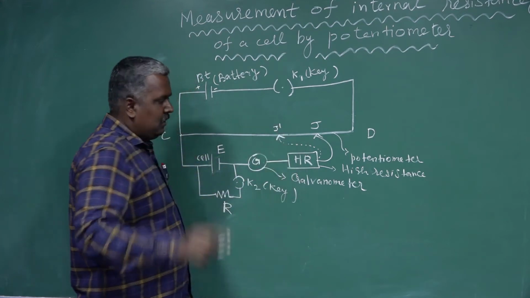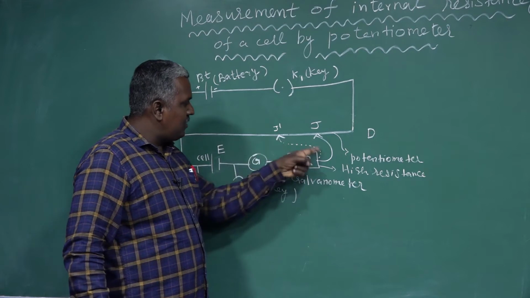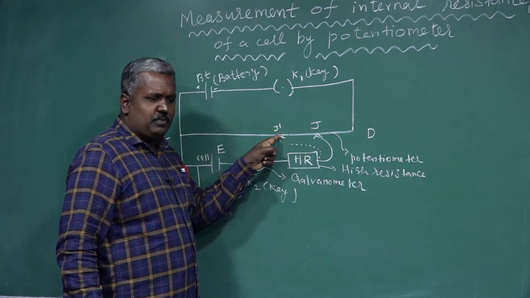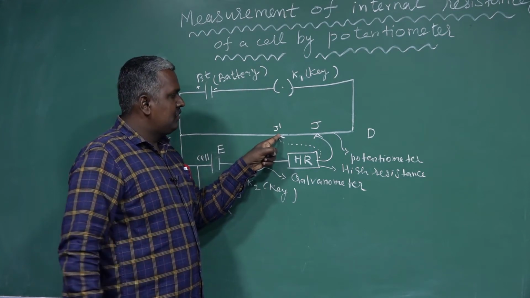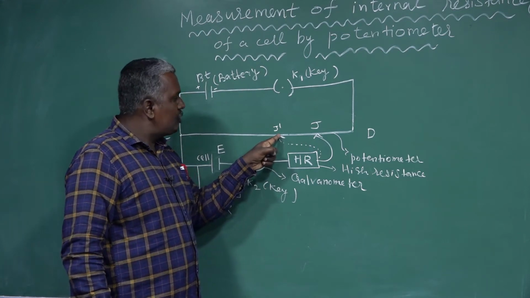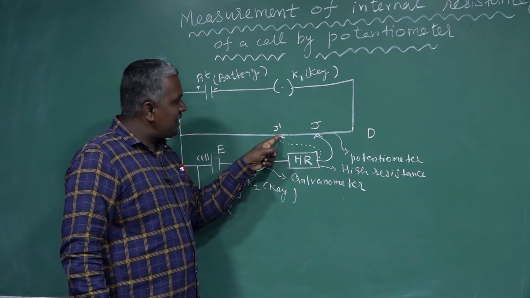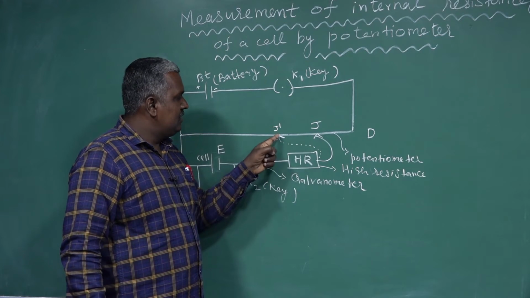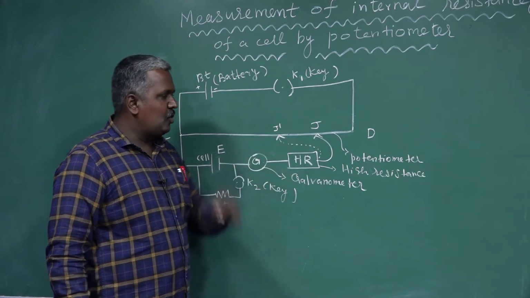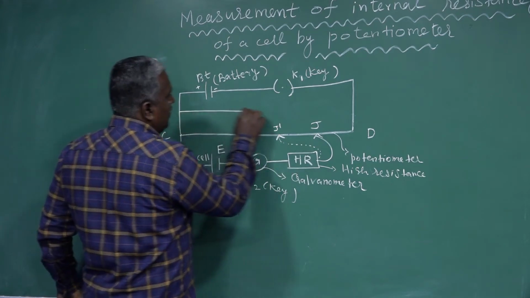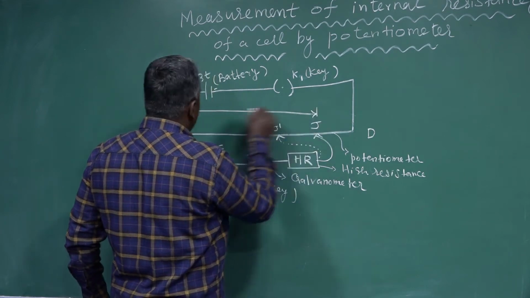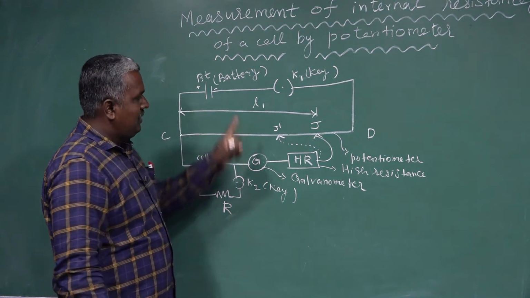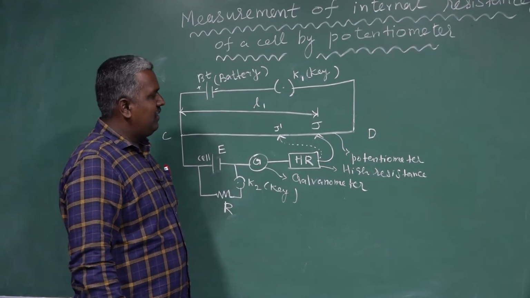Come on, write in your textbook like this with the dotted lines. This point is J dash, not given, but write it. It is very, very useful for writing the explanation of the diagram. Okay? This is point J, this is J dash. And also, this gap, come on, write down in your textbook, is L1, not given in your textbook.